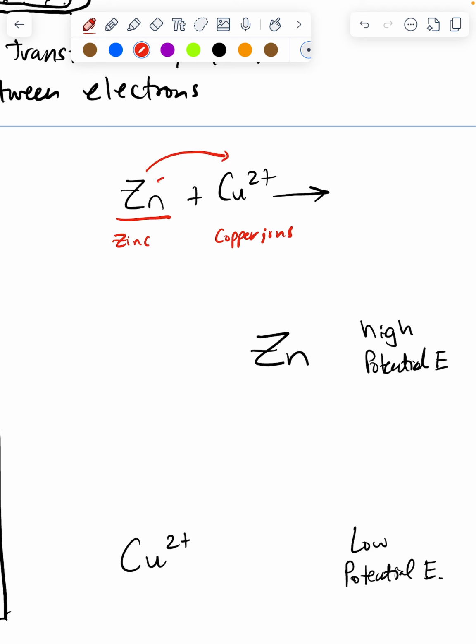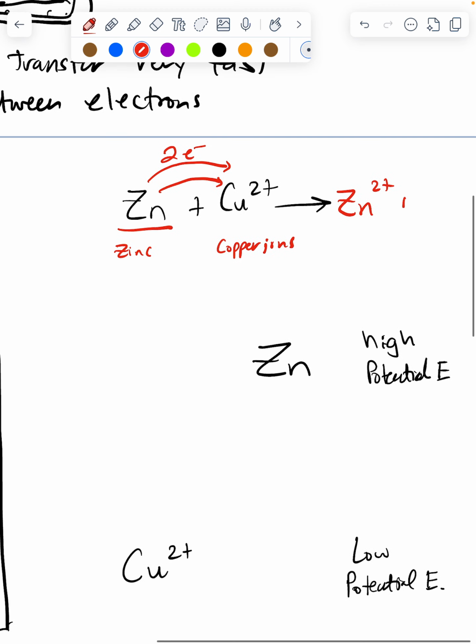You don't actually see the electrons, of course, but you start to see a chemical change. And what you see happen is that the zinc starts to fall apart. The zinc turns into zinc ions, and the copper ions gain those electrons and turn into copper metal. So if you take a piece of zinc, stick it into copper 2+ ions, you will see copper metal forming instantly. In real time, you will see this brownish metal start to form.